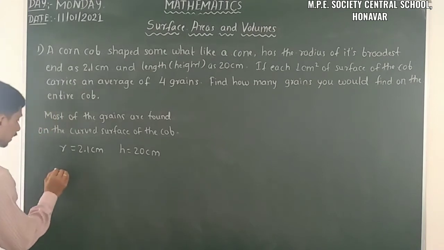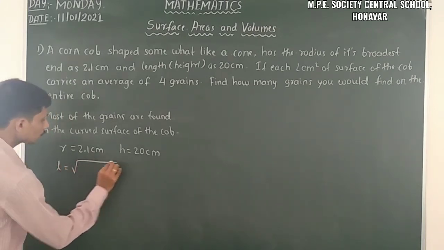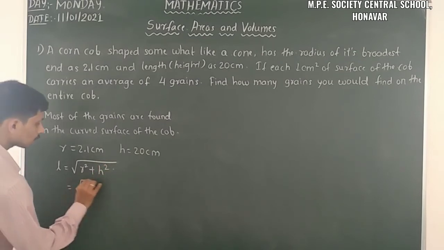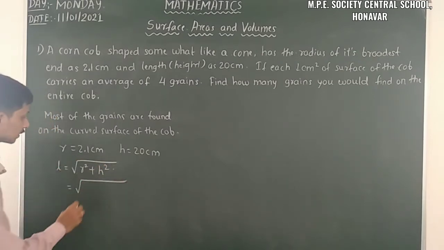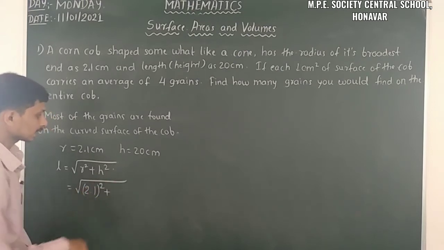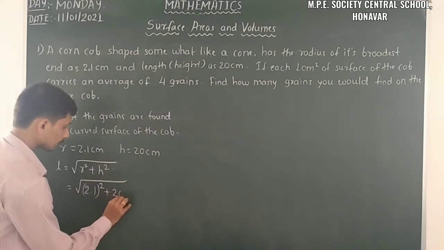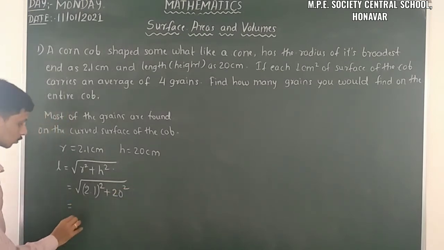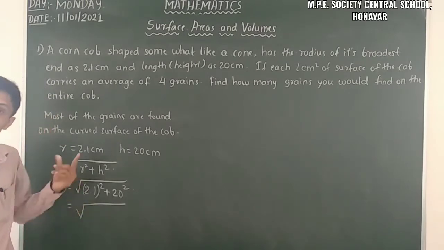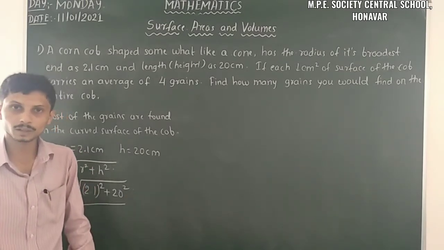That is, slant height L is equal to square root of r square plus h square, which is square root of 2.1 square plus 20 square. Already we know that 20 square is 400 and 21 square is 441.